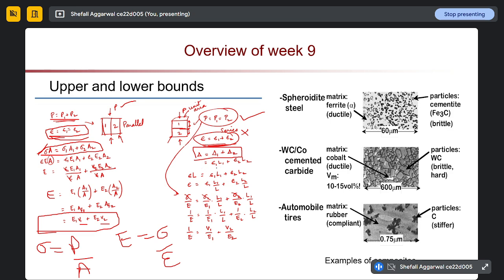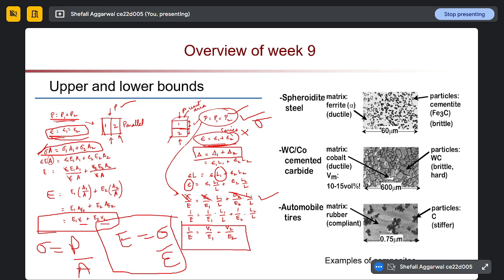Then we divide L1 completely by L. So strain is equal to epsilon 1 L1 upon L plus epsilon 2 L2 upon L. Again, we will convert strain using sigma upon E. If our load is the same, our stress value will be the same in both materials, so we cancel sigma 1 and sigma 2, and this brings us to the equation 1 upon E is equal to V1 upon E1 plus V2 upon E2.